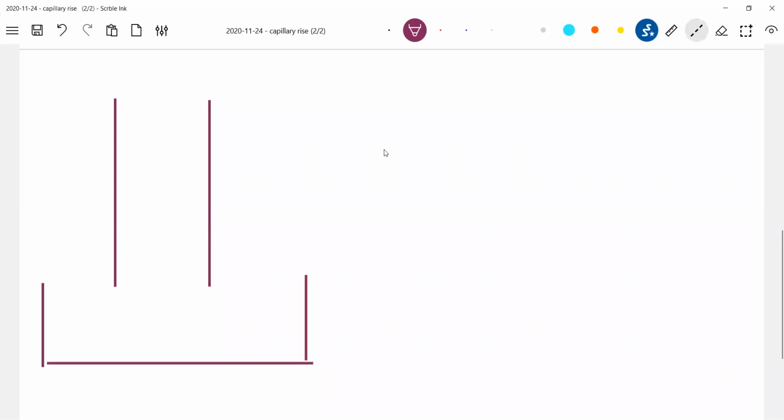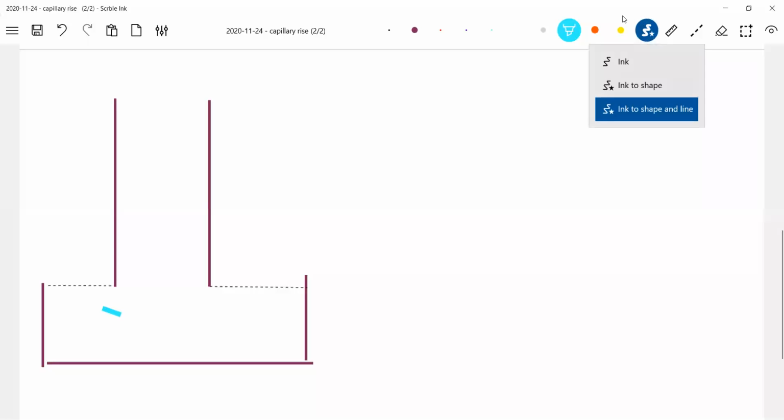Just immerse it. There's a free surface. There's another method that I'm using here.